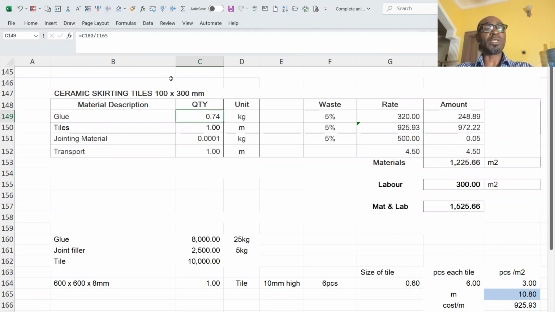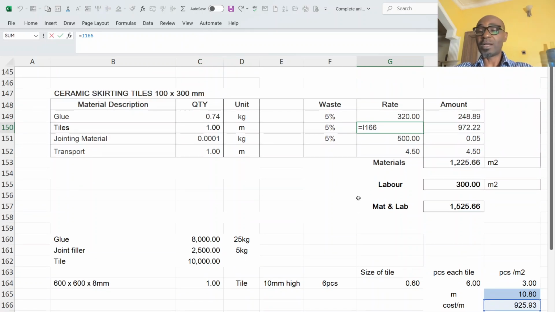So now what I did is to divide the 8 kg by 10 linear meter. It now gives me per linear meter, I need 0.74 kg to lay a linear meter of skirting. Of course, the cost per linear meter of skirting is 925, which I brought from here.